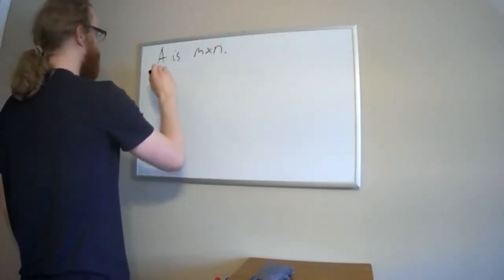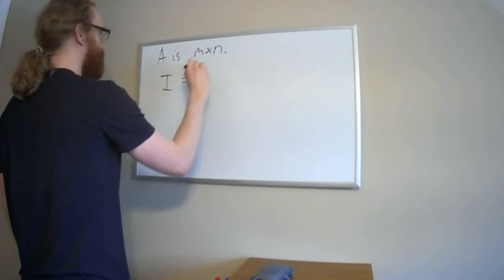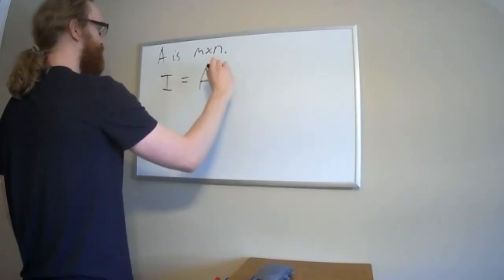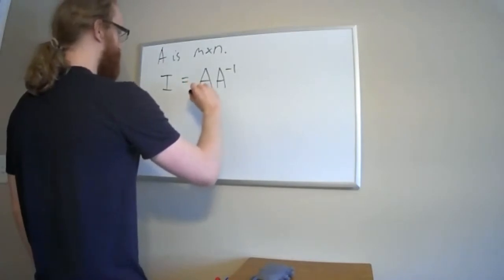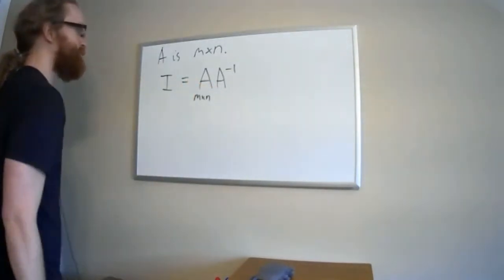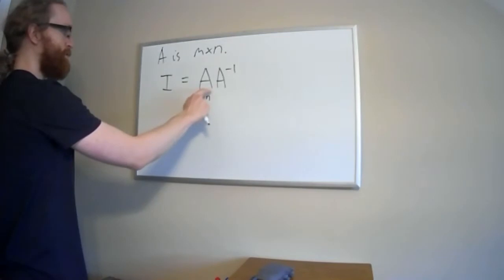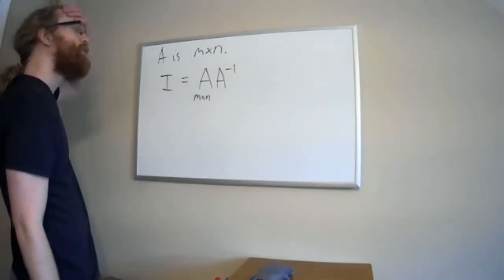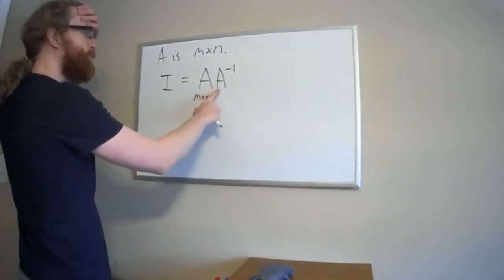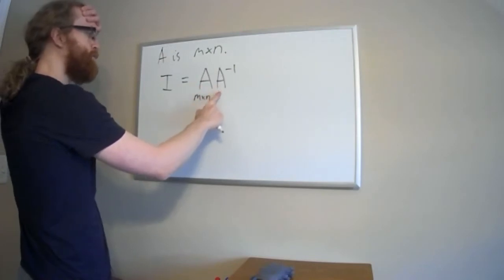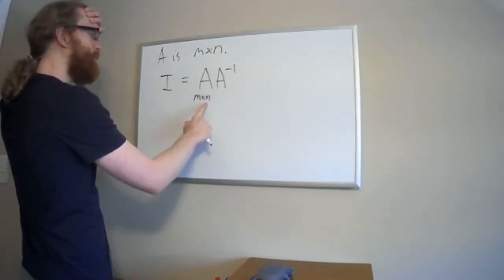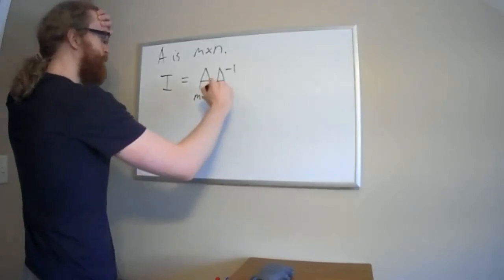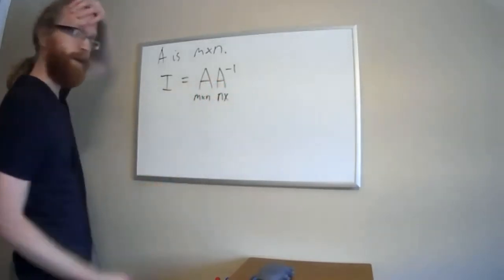Okay, so I have I equals A times A inverse, let's say. Well, if A is m by n, then what do I know about the dimensions of A inverse for this multiplication to even make sense? Well, all I know is that the number of rows of A inverse has to be the same as the number of columns of A. So this has to have n rows. So its dimension is n by something at least.